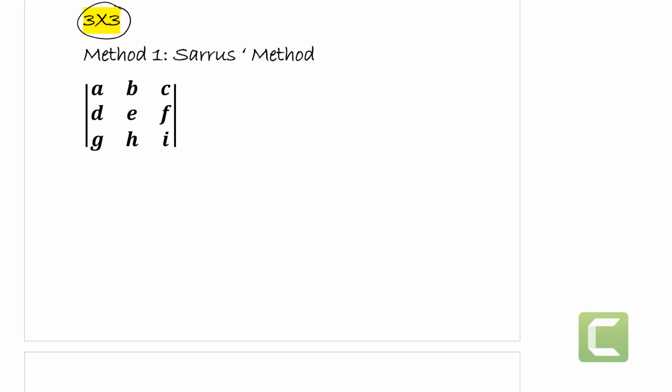So the Sarrus method, what it involves is we copy again, and I should copy them with a different color, we copy the first and the second column, and now we multiply the terms from the first diagonal, so we get AEI, and then plus, and we multiply all the other diagonals that are parallel to this one.